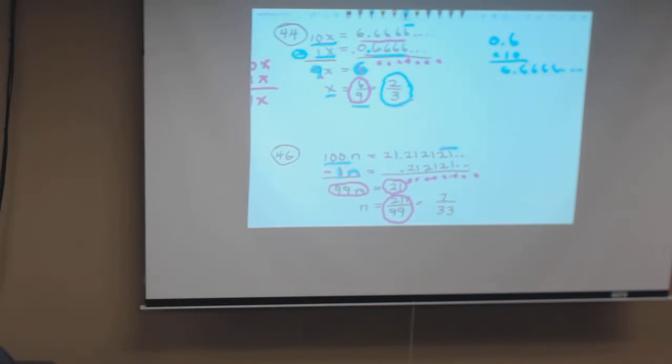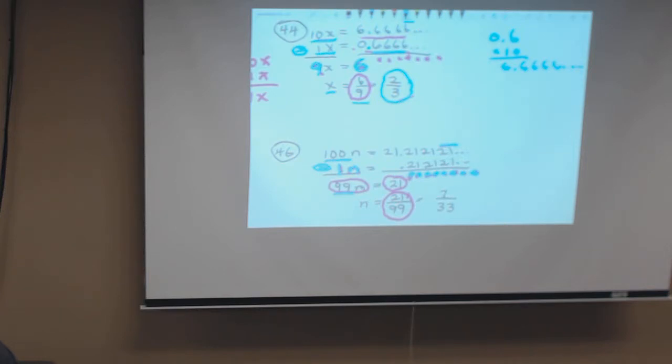Then I subtract those two and all of this stuff zeros out, and I'm left with 21. And 100 minus 1 is 99. So what's my fraction? 21 over 99, which reduces down to 7 over 33.